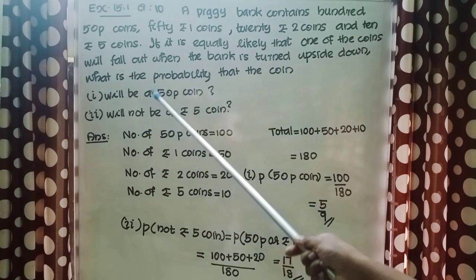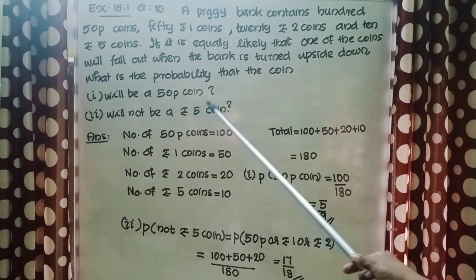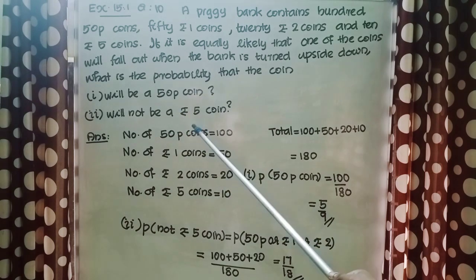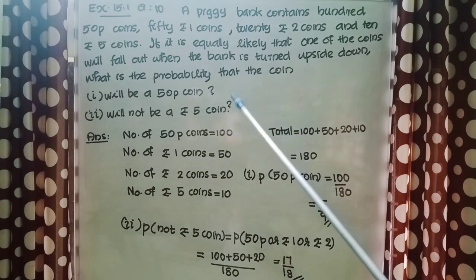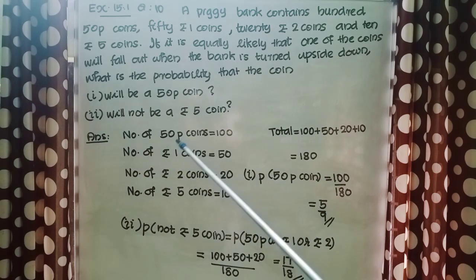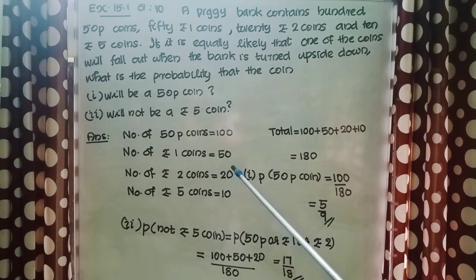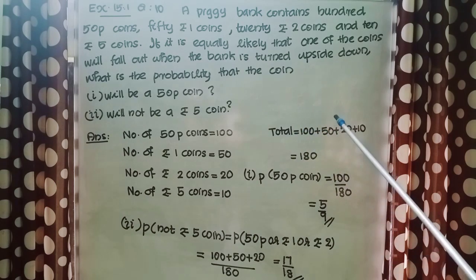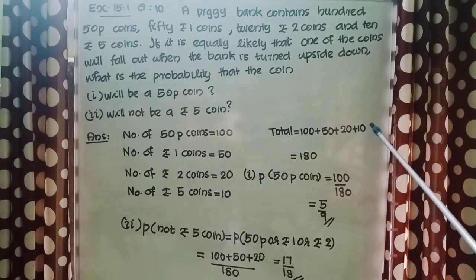Second question, will not be a rupees 5 coin. So here, number of 50 paise coins 100, number of 1 rupee coins 50, number of 2 rupee coins 20 and number of 5 rupee coins 10. So total coins 100 plus 50 plus 20 plus 10 equal to 180.